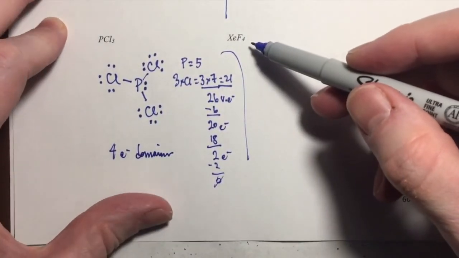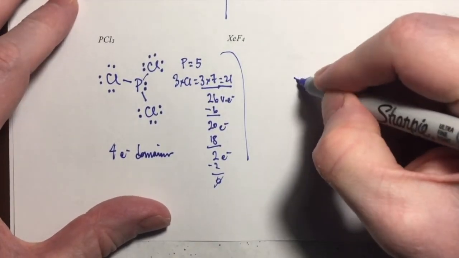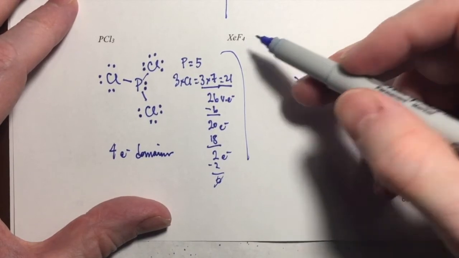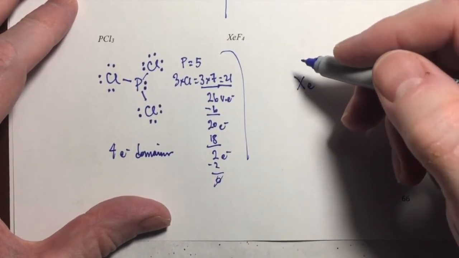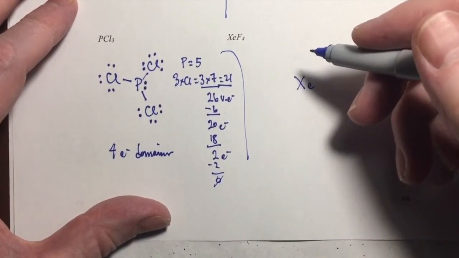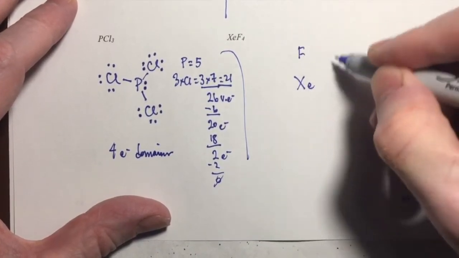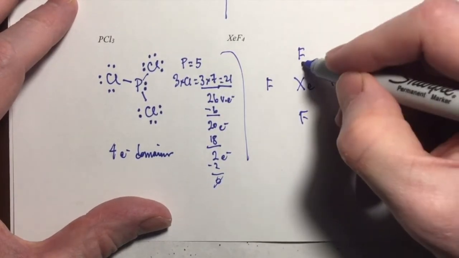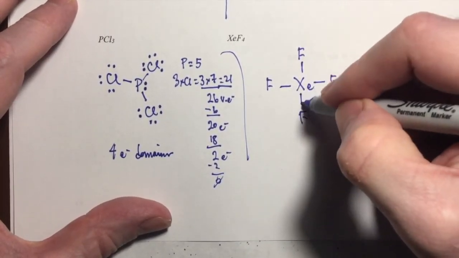Moving on to xenon tetrafluoride. Xenon has a lower electronegativity than fluorine. How do I know? Well, fluorine has the highest electronegativity of everything. Single bonds for my skeleton.